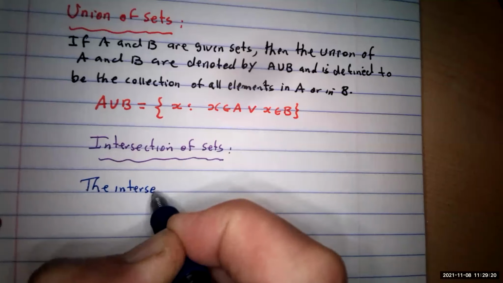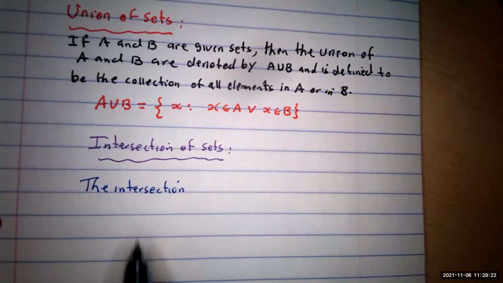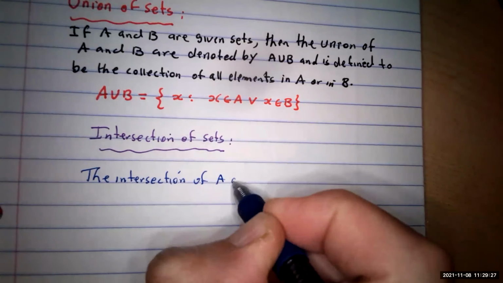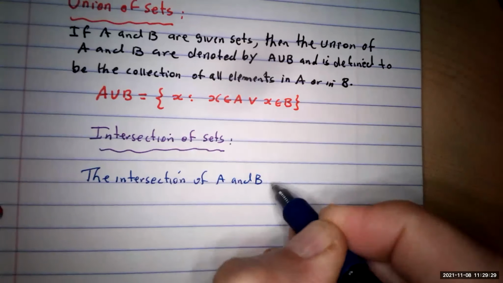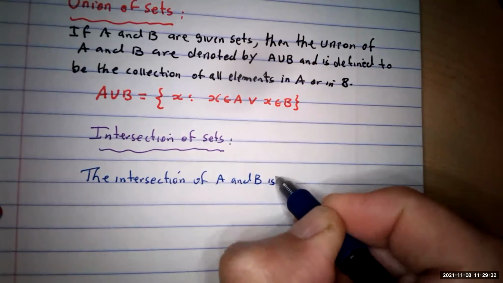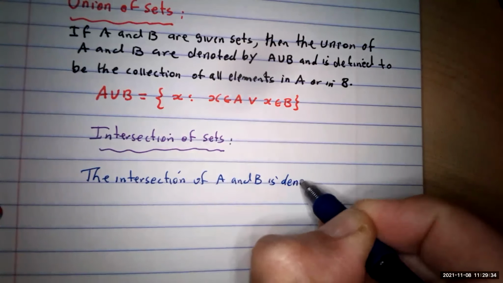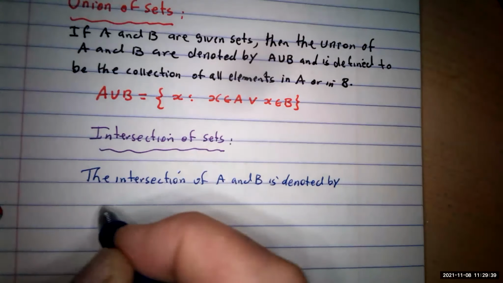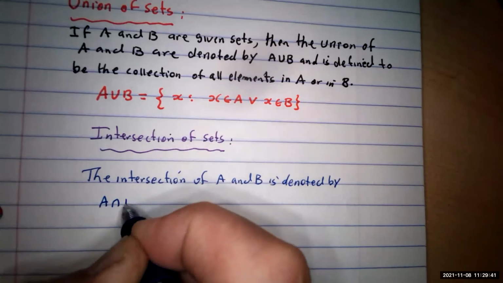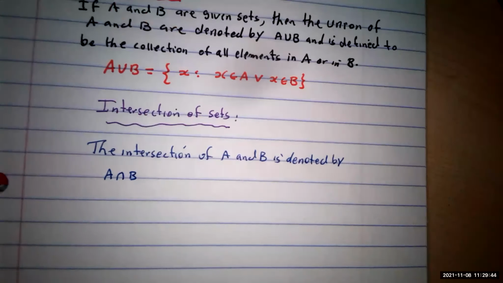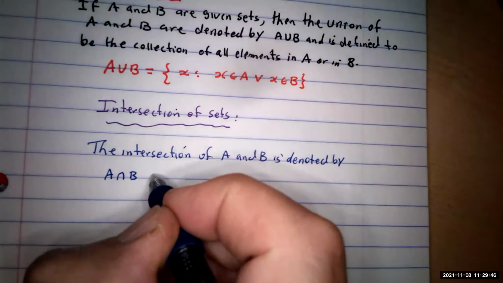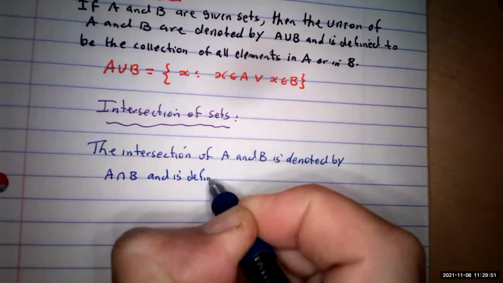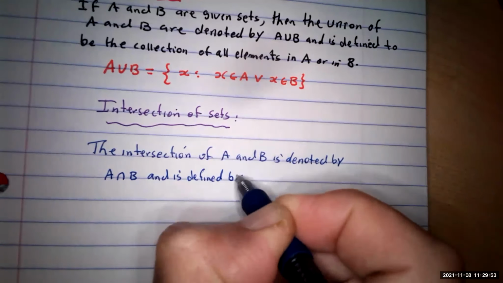The intersection of the sets A and B is denoted by A intersect B, and is defined by the following.